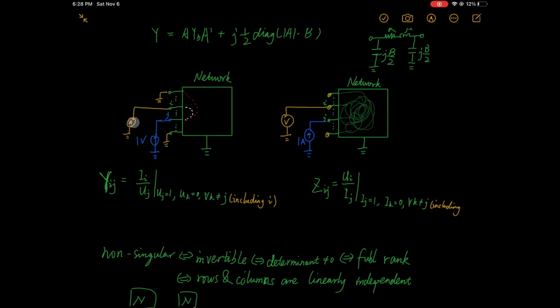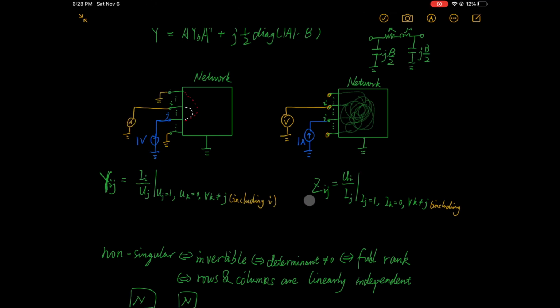That is to say, only directly connected nodes of node J will be detected with a current. But if there's no direct connection between I and J, for example J only has direct connection with this node, then the current will flow from J through this node to the ground, and no current will be detected here at node I. Therefore, the Y matrix is sparse.